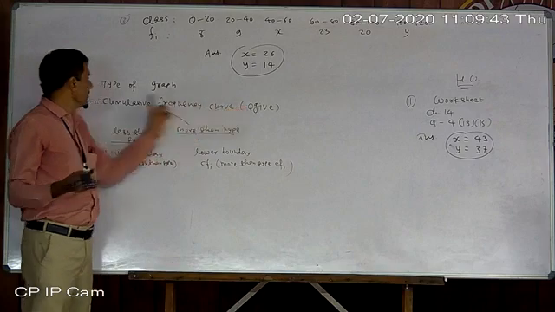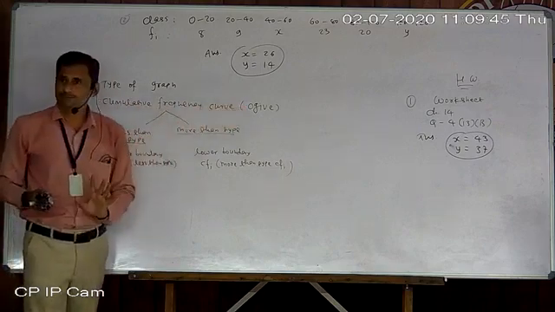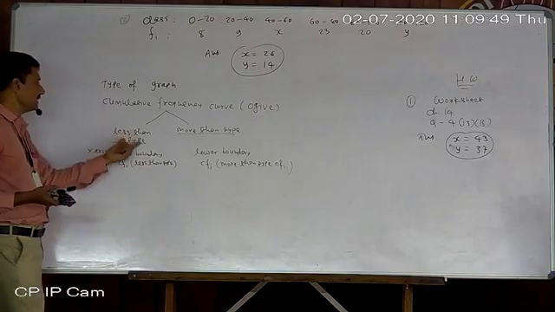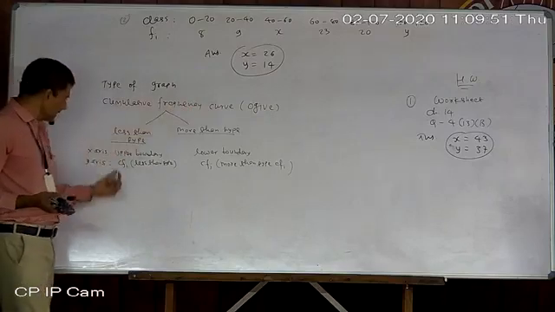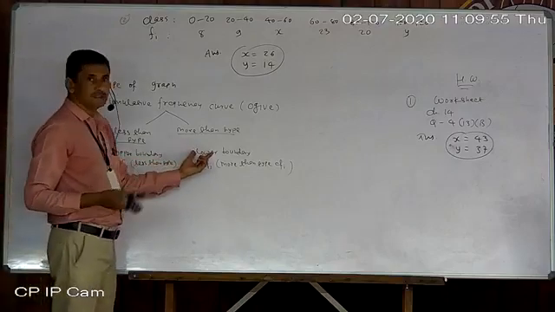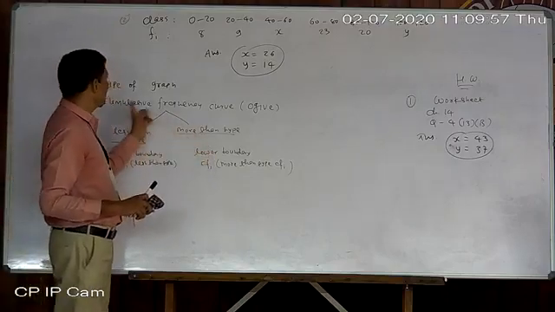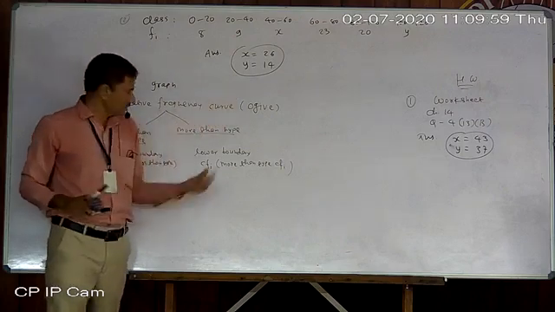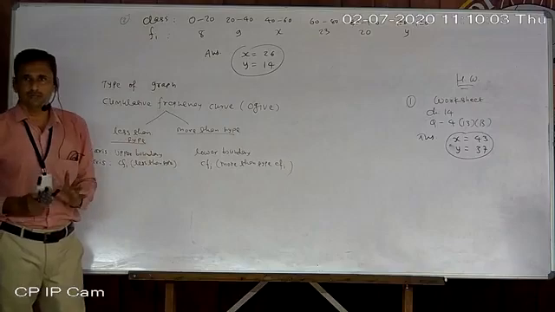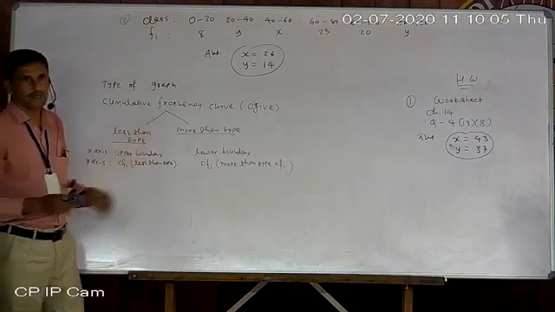Ogive, or cumulative frequency curve. What is taken on the x-axis whenever a less than type cumulative frequency curve is drawn? Upper boundary. What is taken on the x-axis whenever a more than type cumulative frequency curve is drawn? Lower boundary. That type of question can be asked for graphs only.